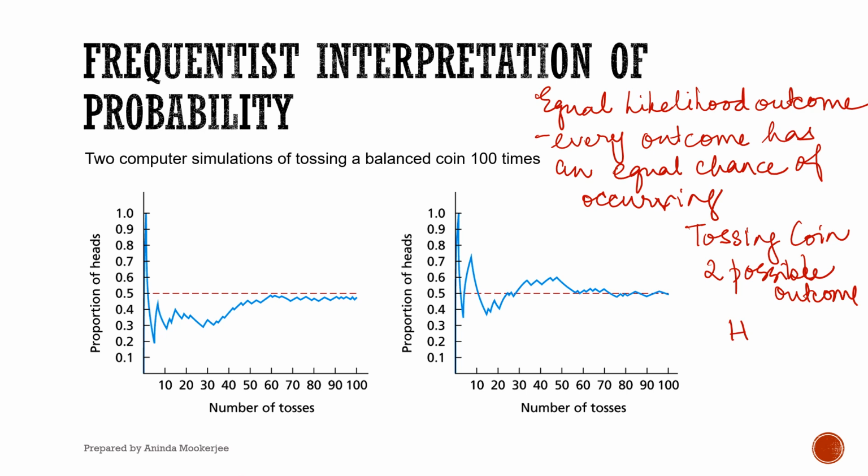Now, by the equal likelihood outcome, if we start tossing a coin a certain number of times, we would expect 50% of the time for it to land on its head and 50% of the time to land on its tail. Say we toss it 10 times, then we would expect 5 times it'll land on its head and 5 times it'll land on its tail.